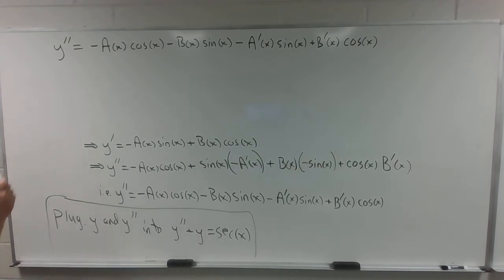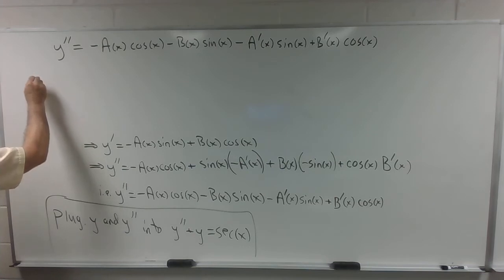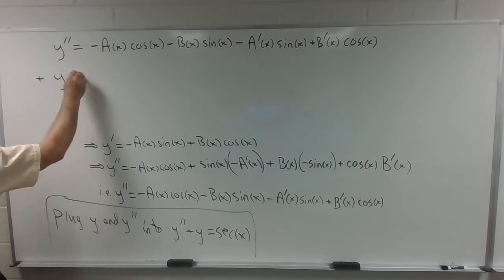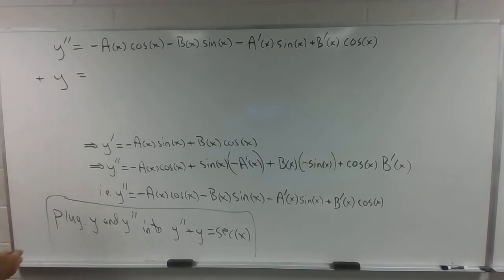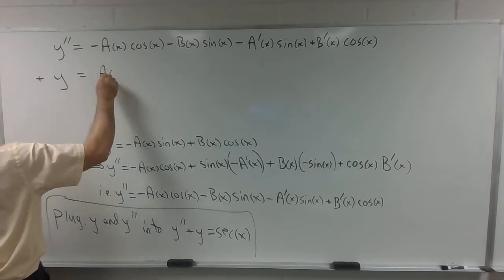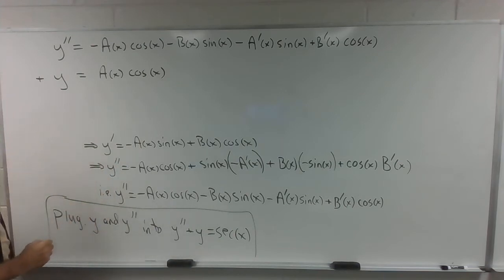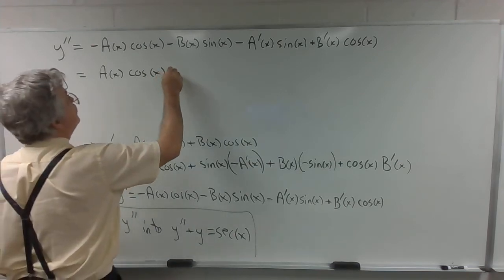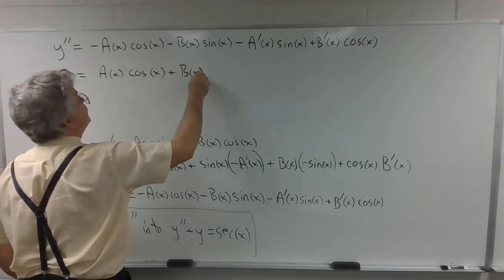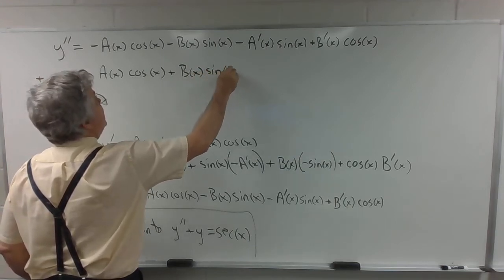Okay, plus y, and y was a of x cosine of x plus b of x sine of x.